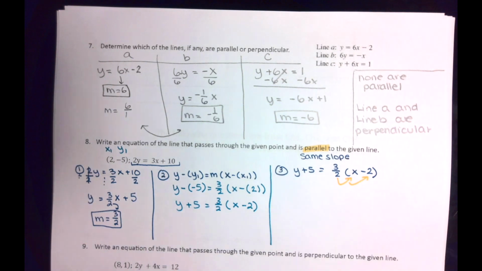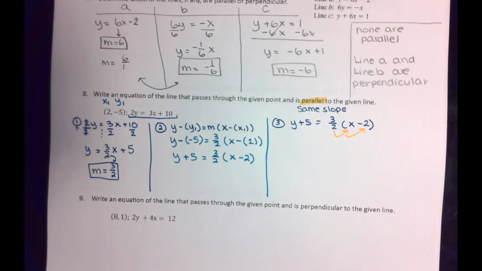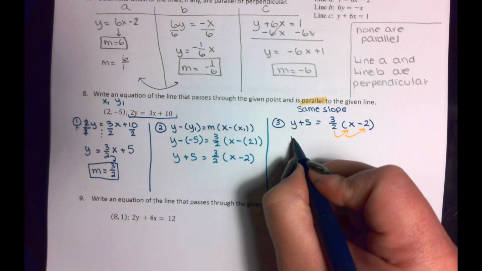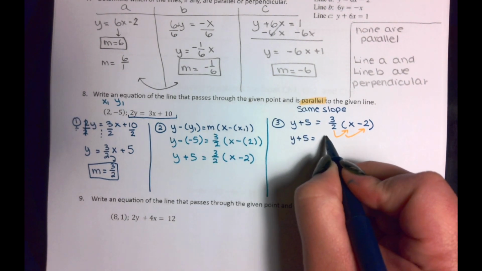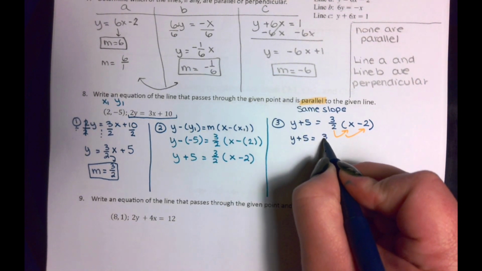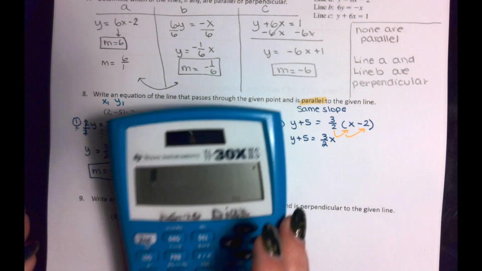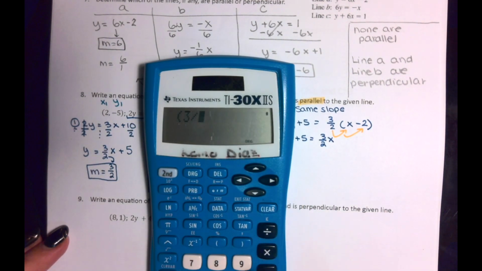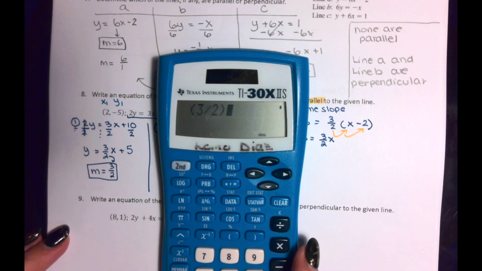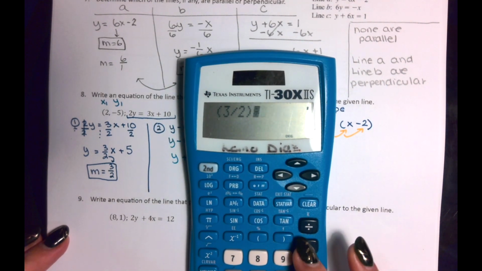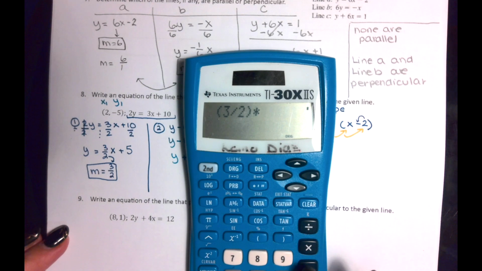Now, yes, you do have a fraction. Don't let that scare you. We're going to use our calculator. So you're going to copy down that y plus 5. That's fine. 3/2 times x is just 3/2 x. And then for the calculator portion, you're going to put 3/2, so 3 divided by 2 in parentheses. And then you're going to times it by a negative 2.